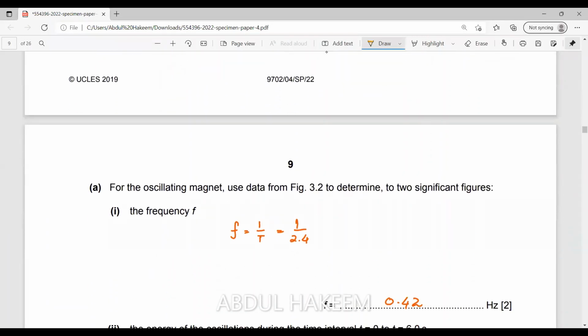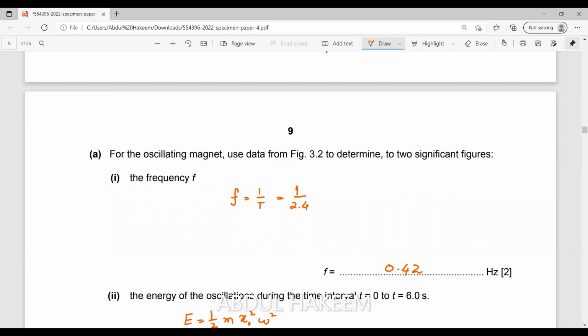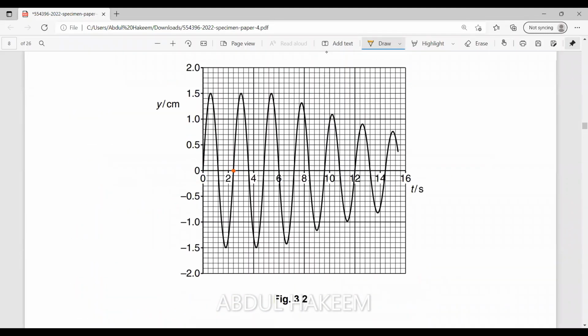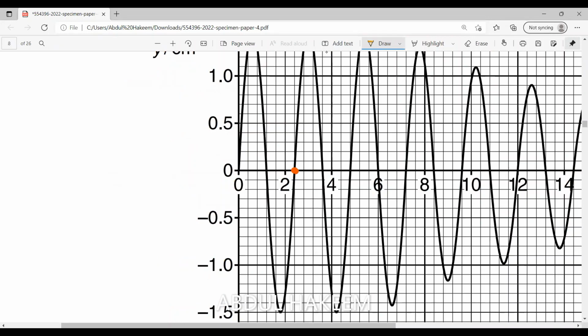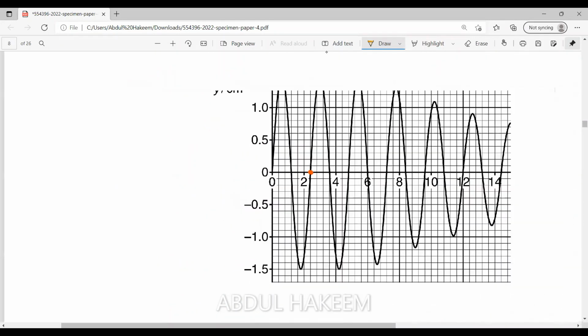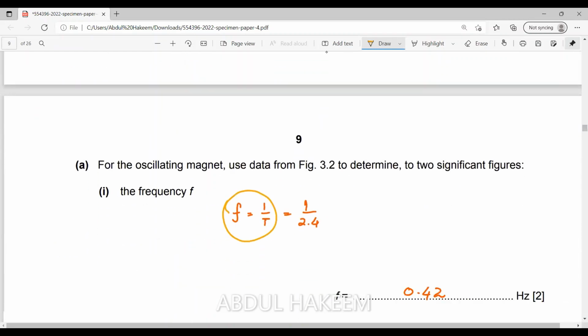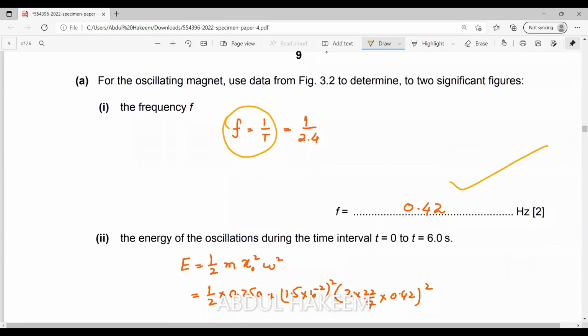The question is, for the oscillation of the magnet, determine to two significant figures the frequency. Frequency is 1 over time period, and the time period from the graph is 2.4. So the frequency is 1 divided by 2.4, answer 0.42.